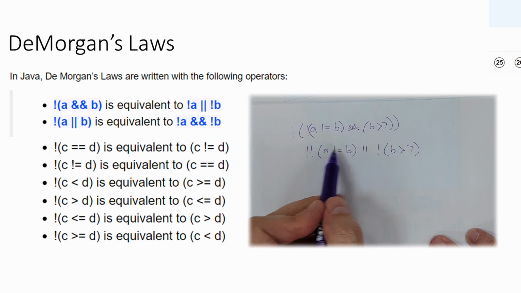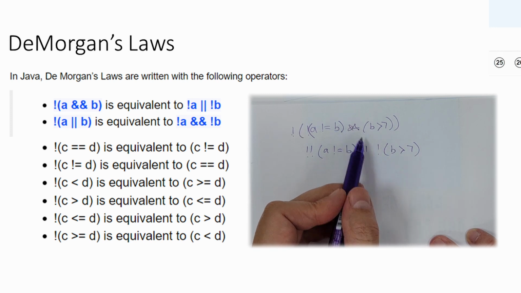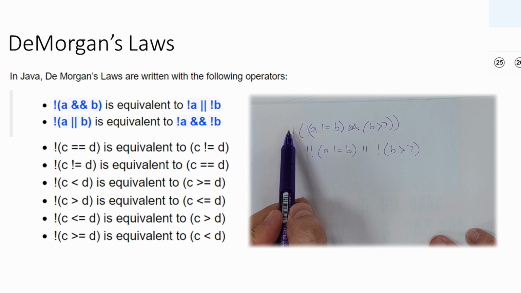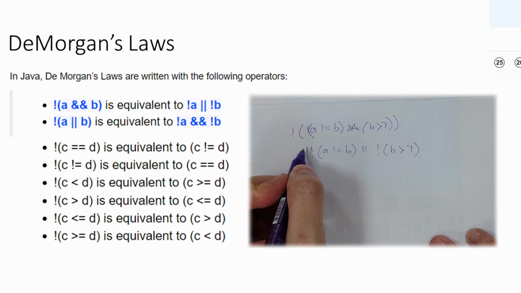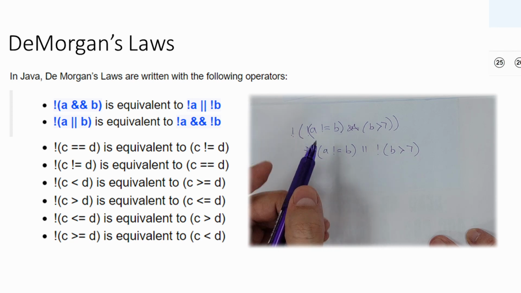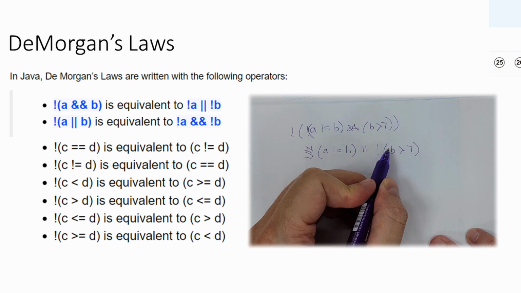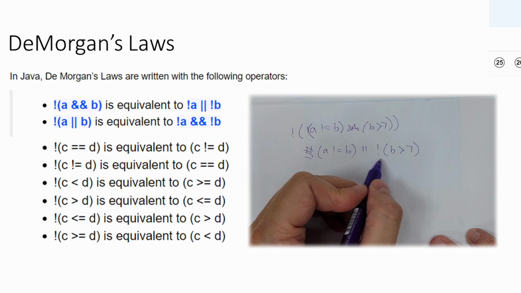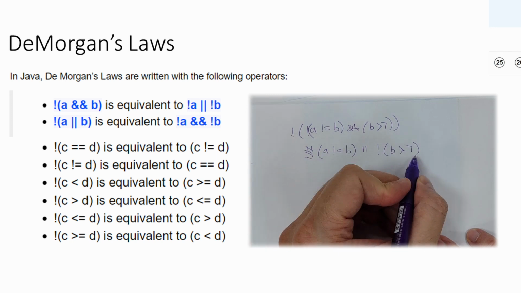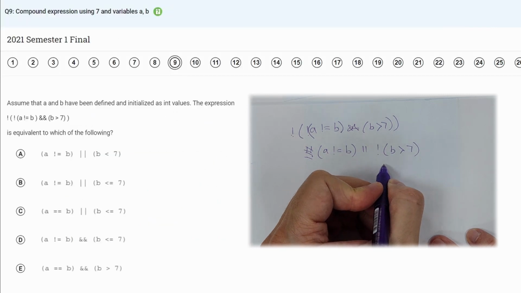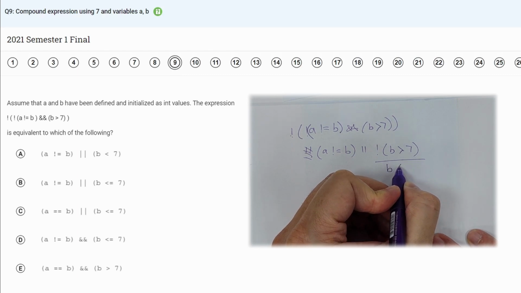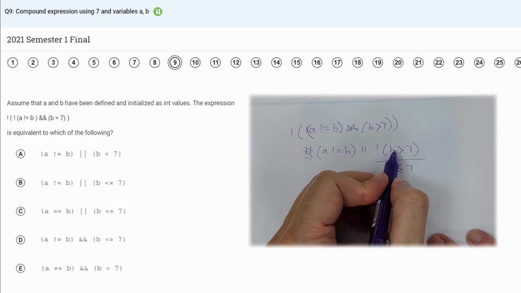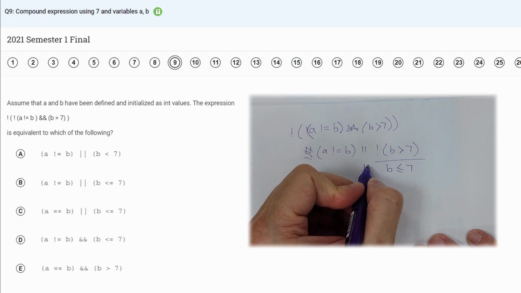So now it's moved into the side, and we flip the result, right? Then we can eliminate that, because not is just eliminated. So now we have a situation where we can put this one inside here. To do that one, we can get rid of that and switch it to B less than or equal to 7, flipping that result.